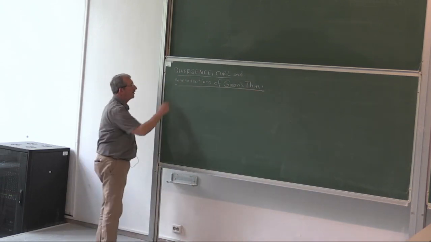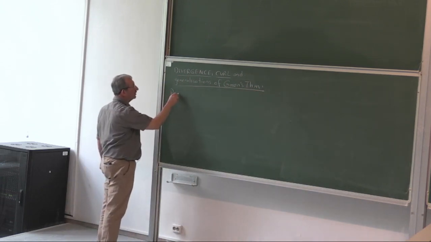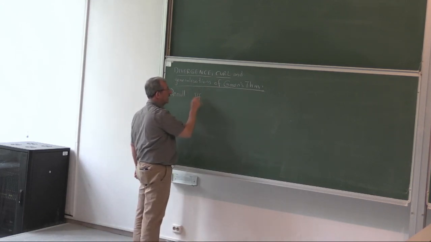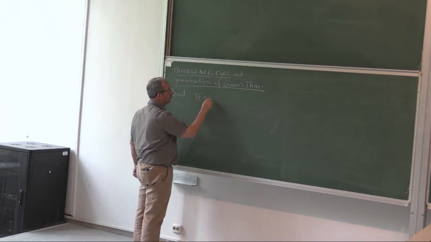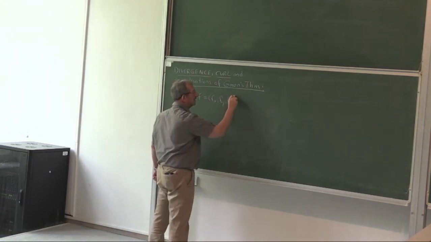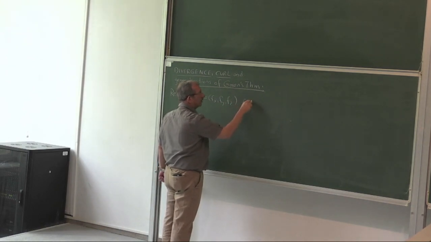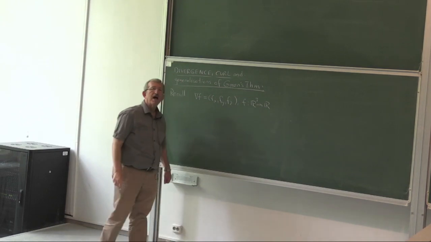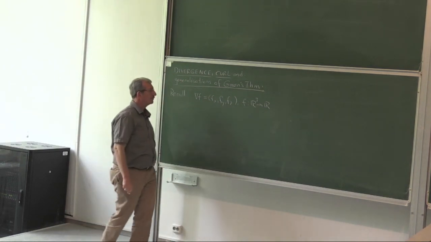Okay, to start with, let us recall our definition of gradient f. Namely, this was f sub x, f sub y, f sub z, where, of course, I assume f is a scalar-valued function of 3 variables.